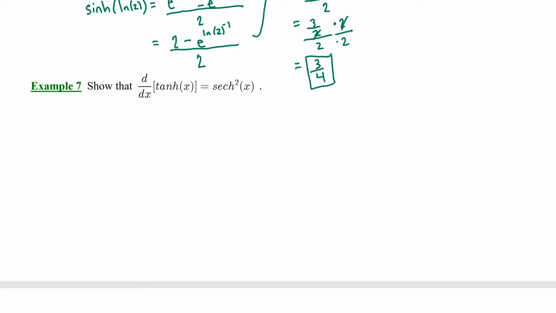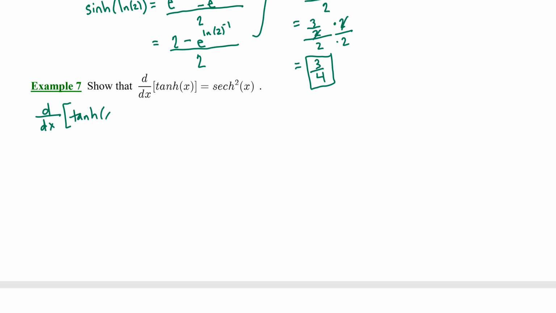So let's try a derivative of one of these guys. We want to show that the derivative with respect to x of hyperbolic tangent of x is equal to hyperbolic secant squared of x. So you can say, in a sense, we're proving an identity here that involves a derivative. So to differentiate hyperbolic tangent of x, we're going to replace it with its natural exponential definition.